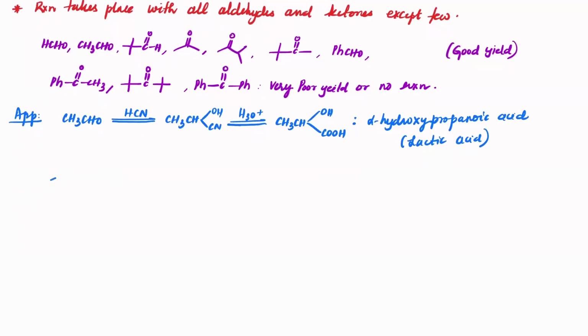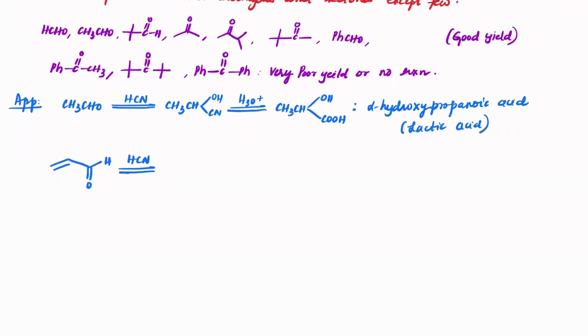Second application you see in case there is any conjugation here like this, an aldehyde with a conjugated form. And when you react with HCN, correct, there are two products you can get. One product is direct addition here with hydrogen here, OH and CN.